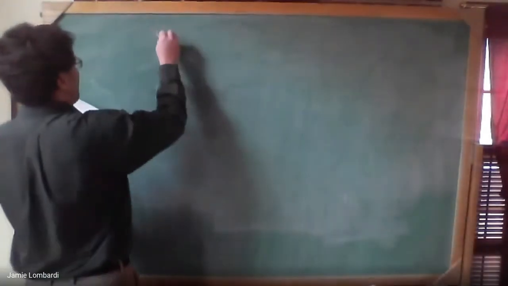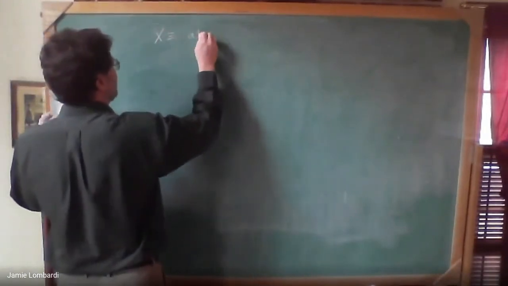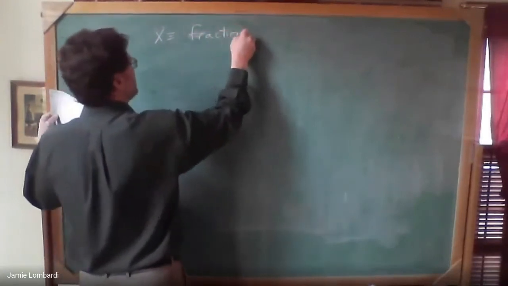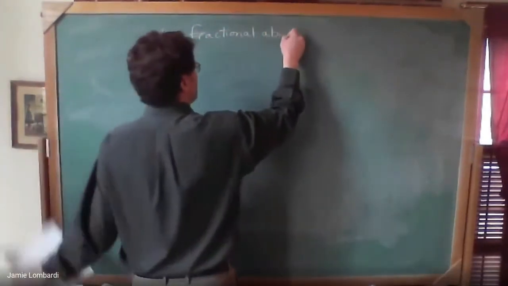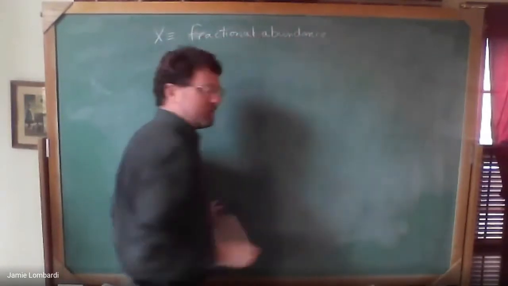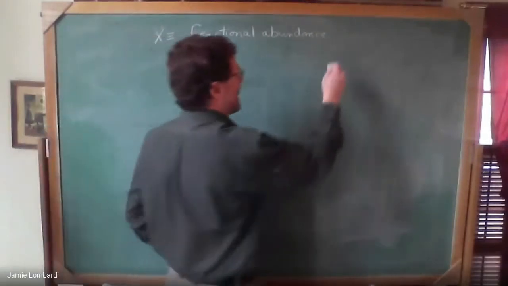So capital X is the fractional abundance by mass of hydrogen. You do need to remember it's by mass, not by number, of hydrogen.